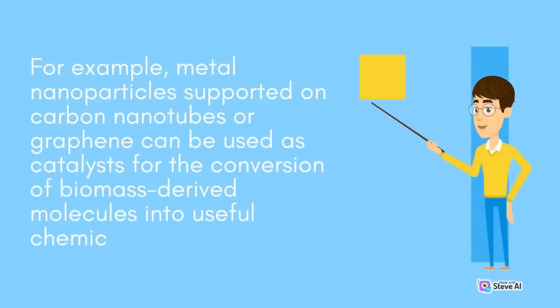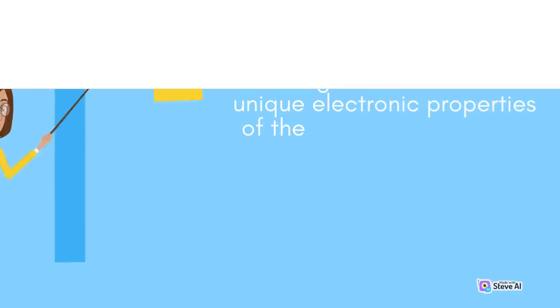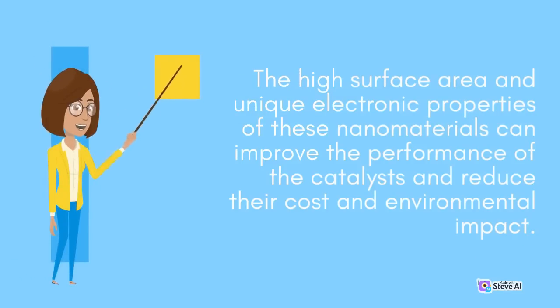For example, metal nanoparticles supported on carbon nanotubes or graphene can be used as catalysts for the conversion of biomass-derived molecules into useful chemicals and fuels. The high surface area and unique electronic properties of these nanomaterials can improve the performance of the catalysts and reduce their cost and environmental impact.